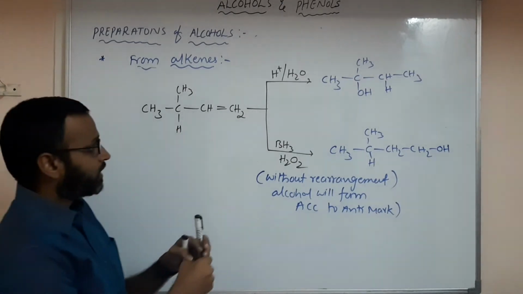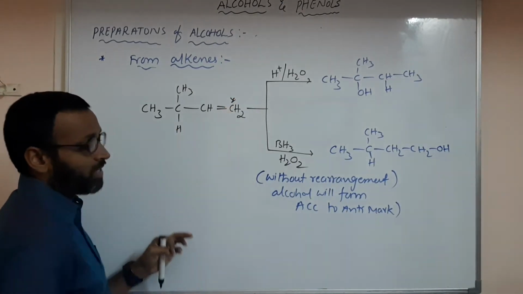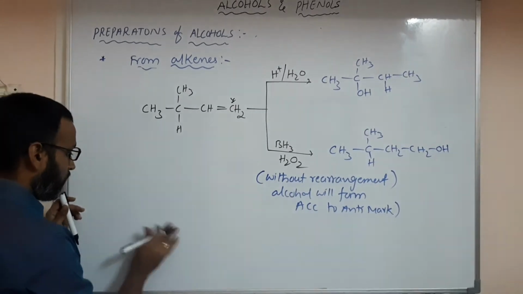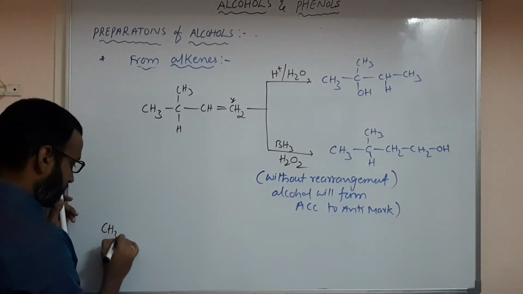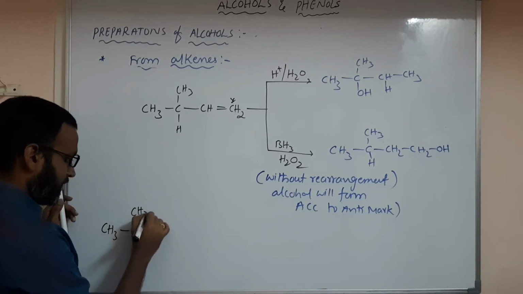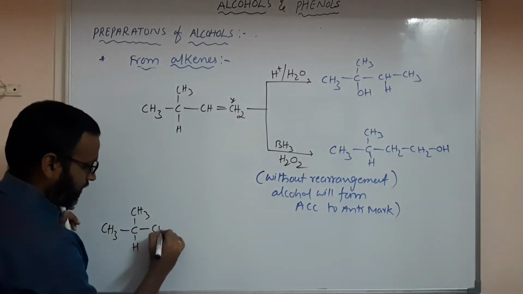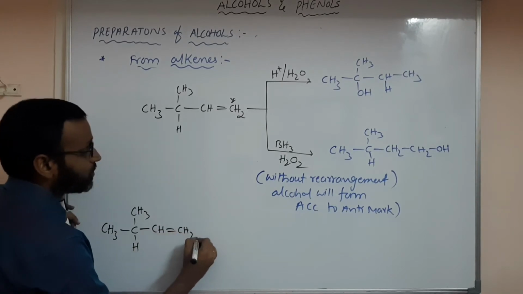That means you have OH at the double bonded carbon which has more number of hydrogens. In a similar way, you have one more like this: CH3, C, CH3, H, understanding? And here CH double bond CH2.